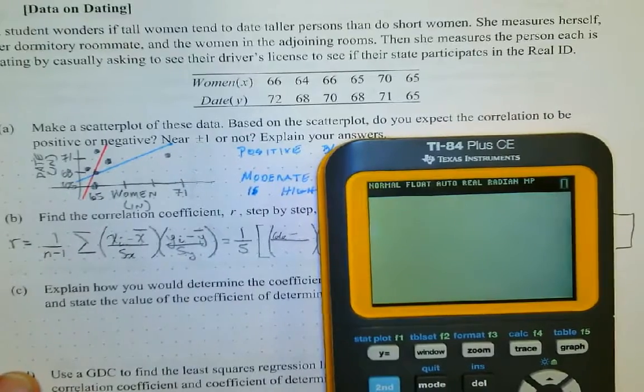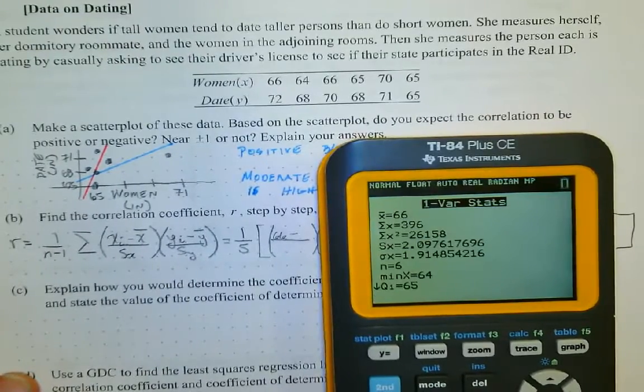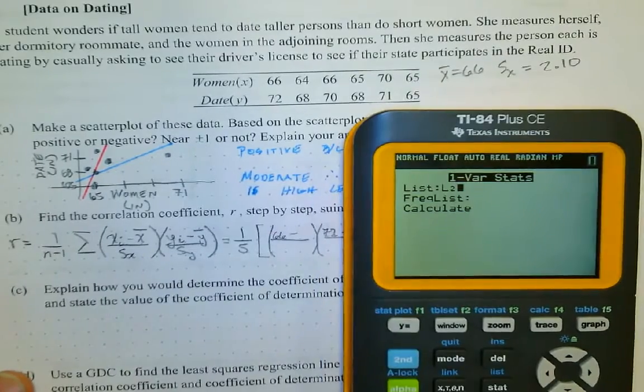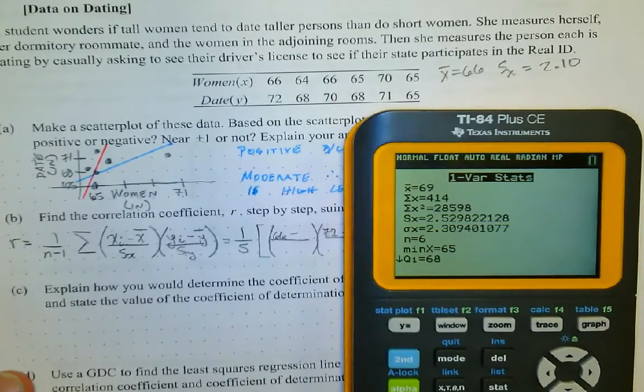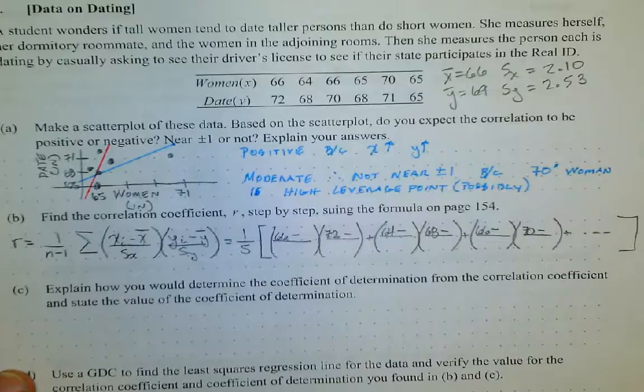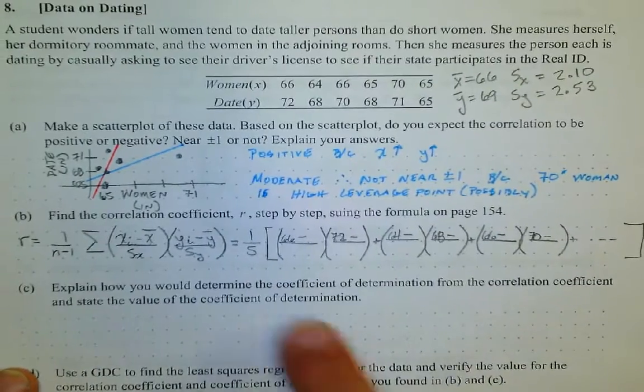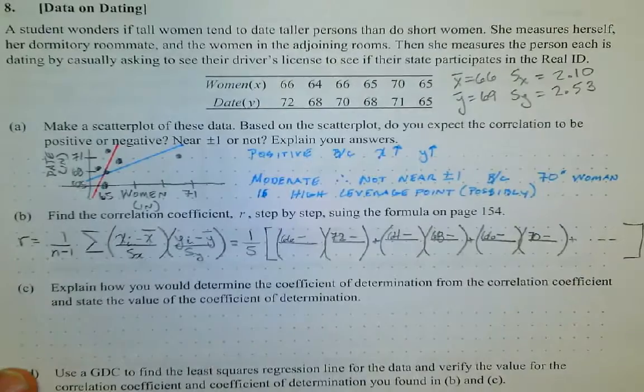My x list is in L1, so there's the information for my x bar. And if I do the information for my y list, with L2 is where my y list is, there I have the information for my y bar. So with that information, I'm going to fill out the rest of these details.